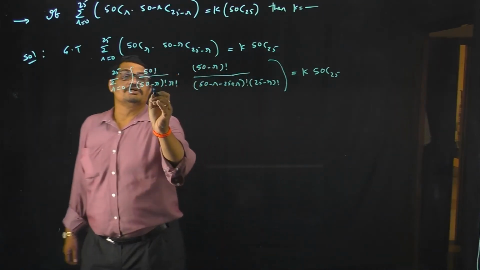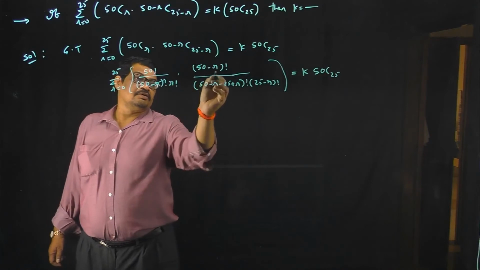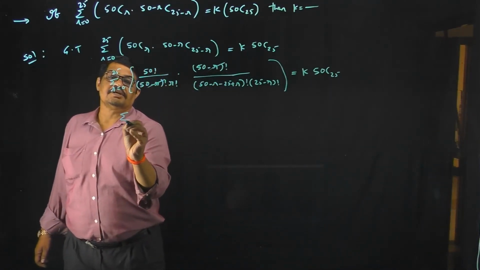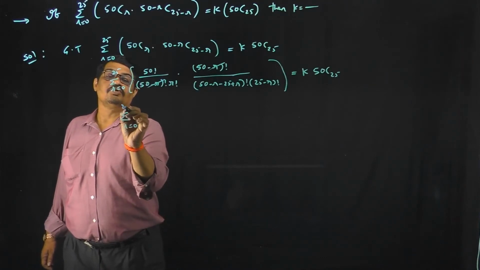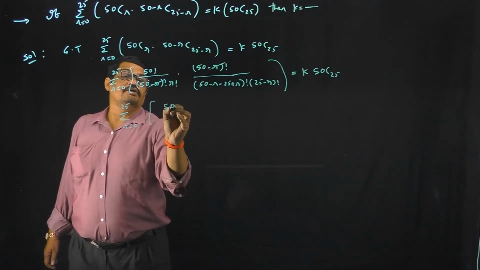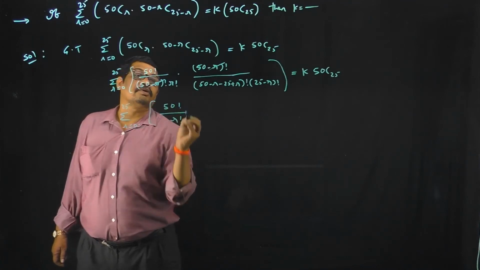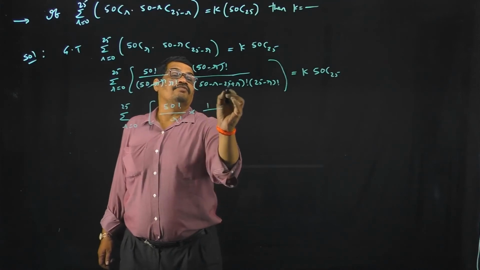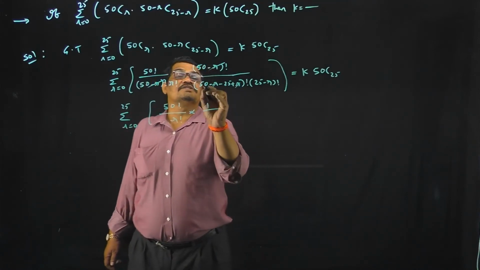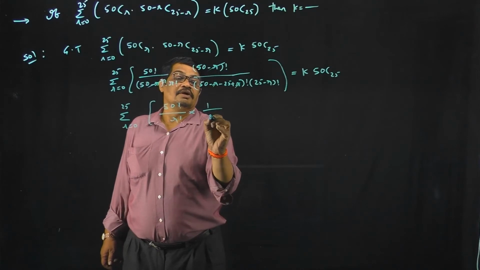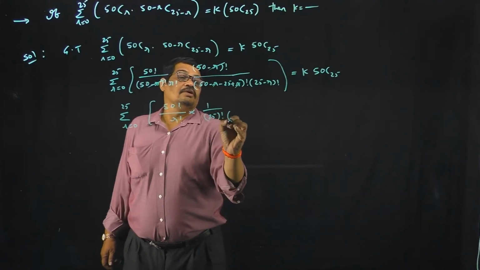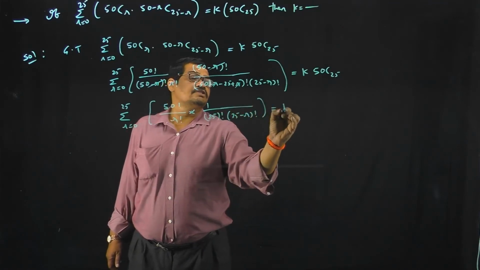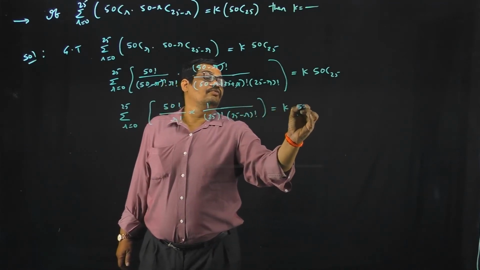So this 50 minus R factorial will be cancelled. That is sigma R equals 0 to 25, 50 factorial by R factorial, into 1 by 50 minus 25, that is 25 factorial into 25 minus R factorial. Here R factorial will be cancelled.